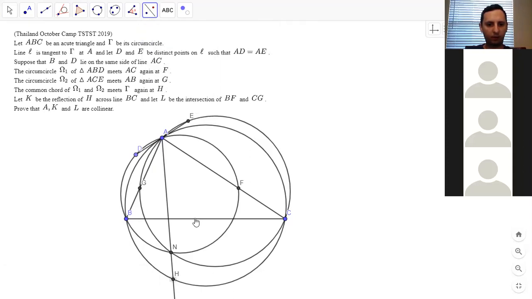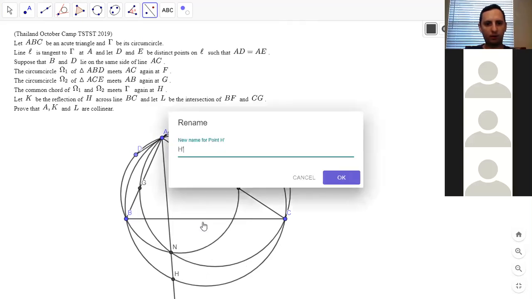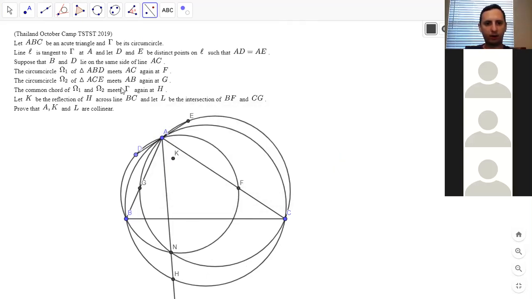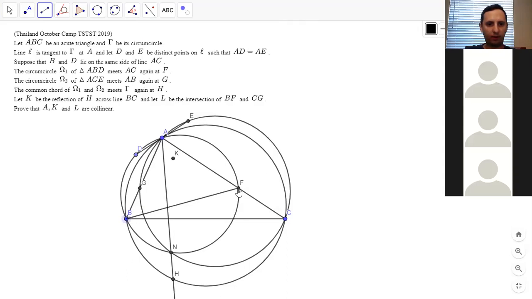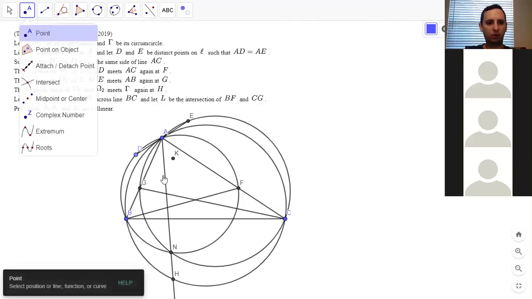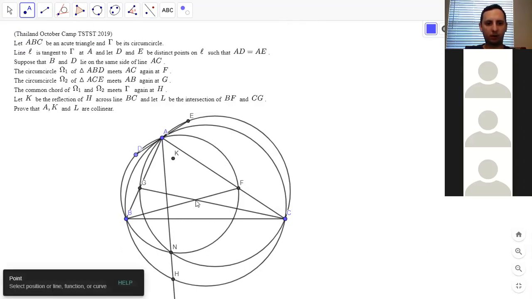So this is K. And L is the intersection of BF and CG. And we want to show that A, K, and L are collinear. It almost looks like FG is parallel to BC, but I don't think that's true. Maybe it is. I don't know.